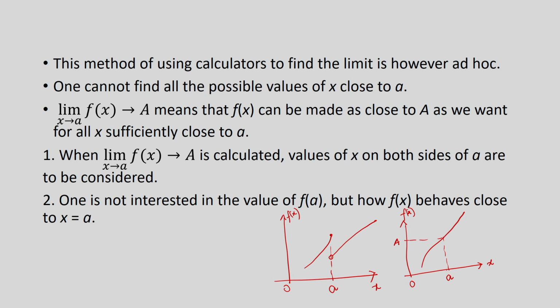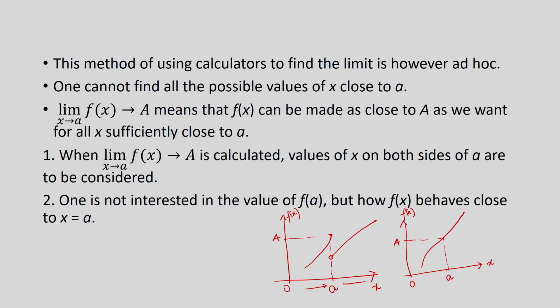because from the left hand side you can make the value of the function as close to capital A as possible. As small x becomes very close to small a, the value of the function becomes as close to capital A as possible, but that is from the left hand side.